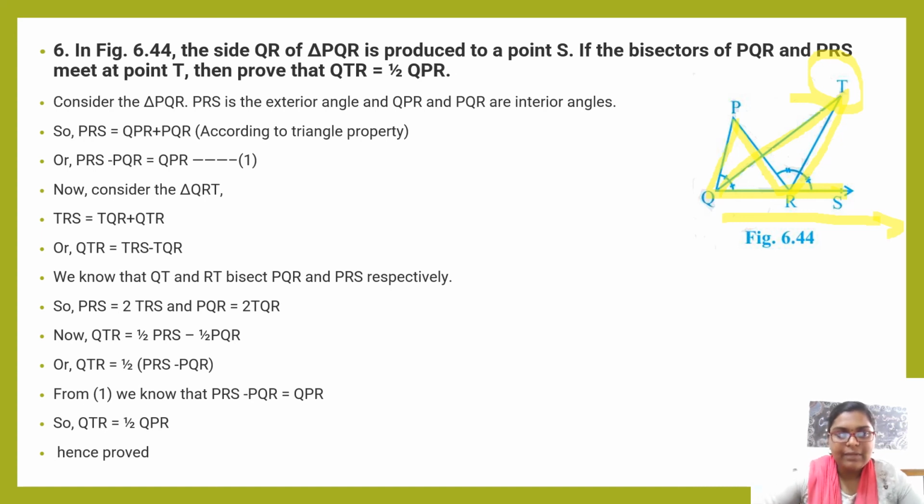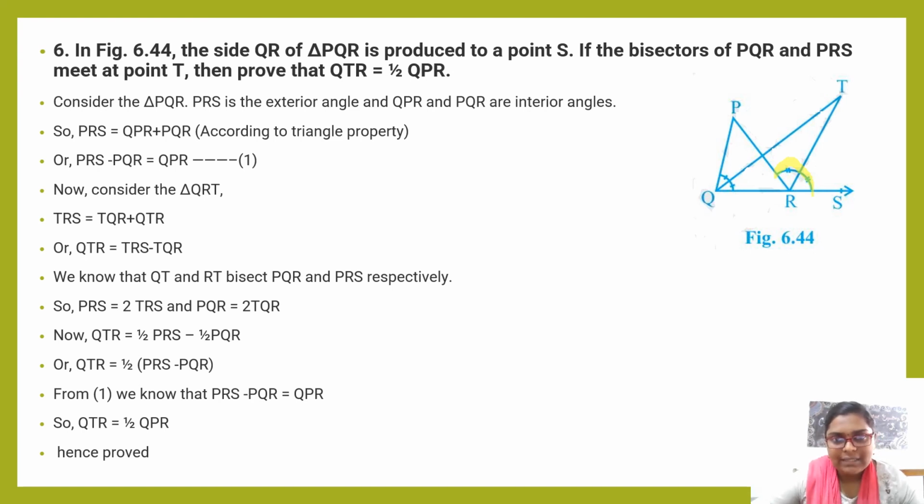So first we will consider the triangle PQR. Right? PQR. This triangle we are going to consider. Right? So in this, PRS is the exterior angle. Notice this. This is the triangle and this PRS is the exterior angle. Okay?